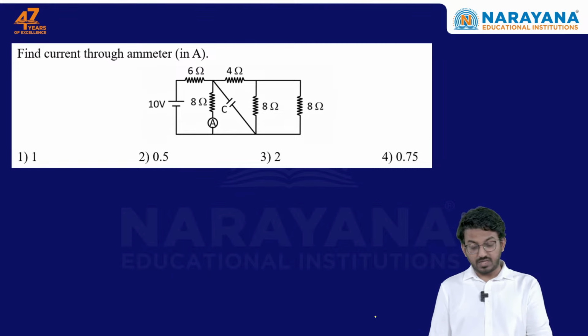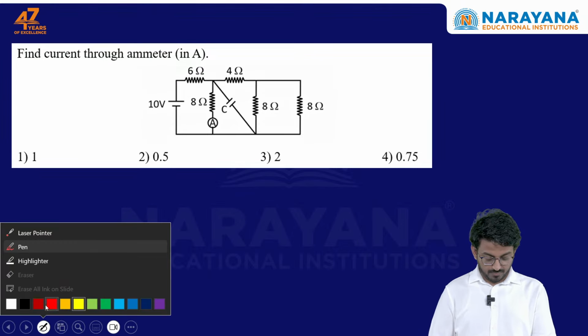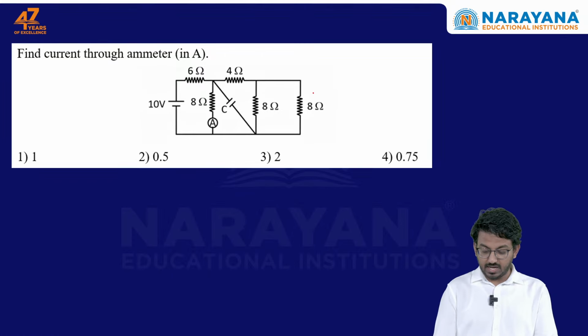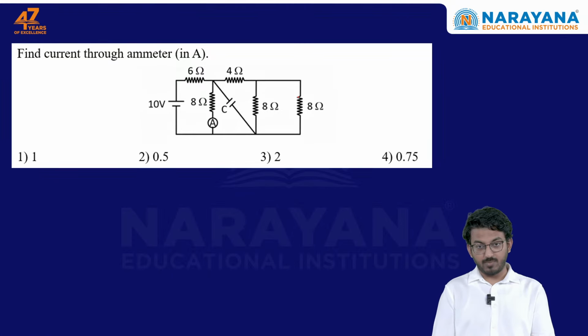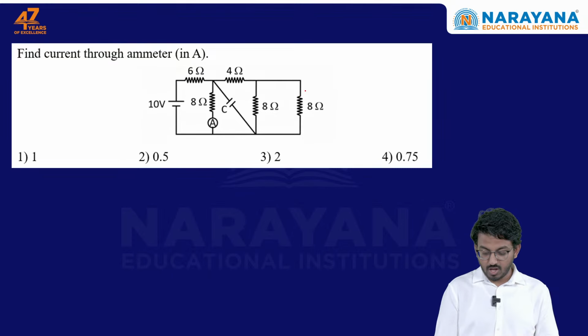We are supposed to find the current through the ammeter. So, we can simplify the circuit a bit here. This 8 and 8 ohm resistors are in parallel because the terminals are connected back to back. So, this 8 and 8 in parallel will become 4 ohm. And notice that this 4 ohm resistor and this 4 ohm resistor are in series.